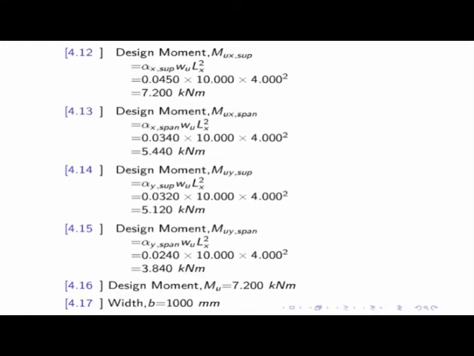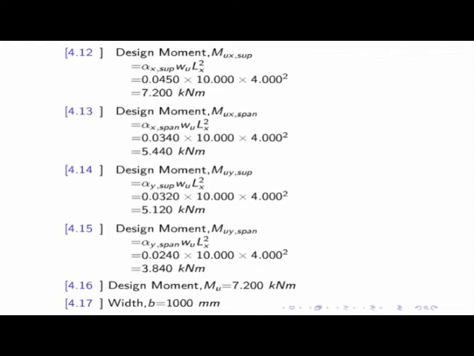So design moment, immediately I can calculate MUX at support, alpha x support times Wu Lx square, so 0.045 factor 1, so 7.2 kilonewton meter. Design moment MUX span, again I can find out, say 5.44. That means this is your MUX at support and span. Design moment MUY support 5.12 kilonewton meter, and then span 3.84 kilonewton meter.